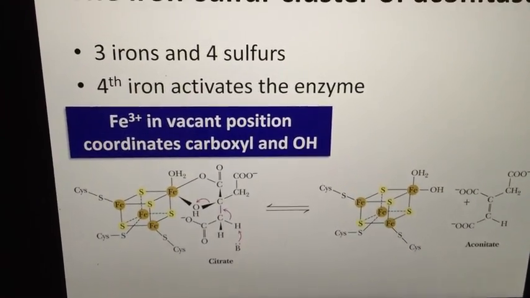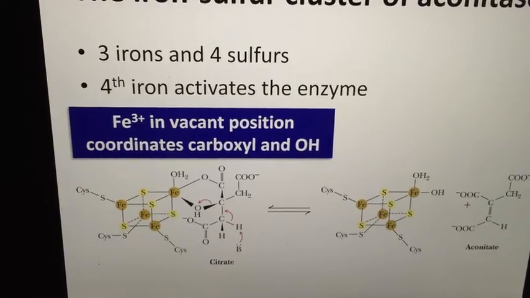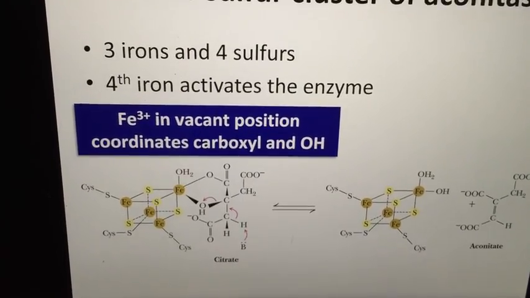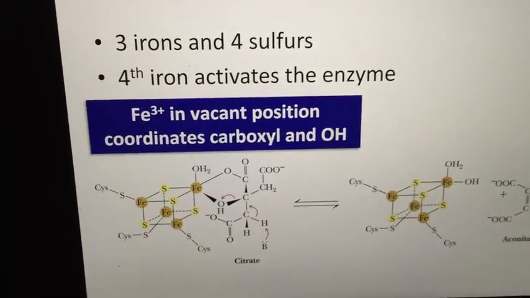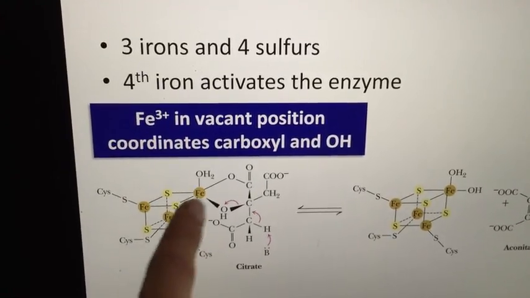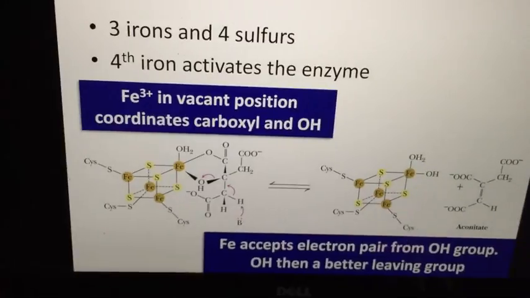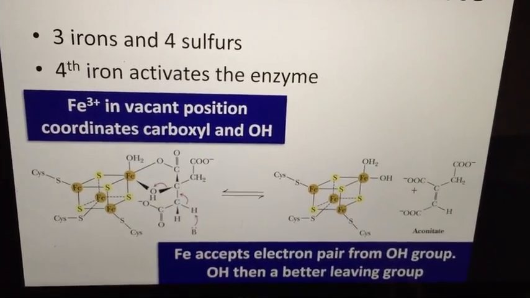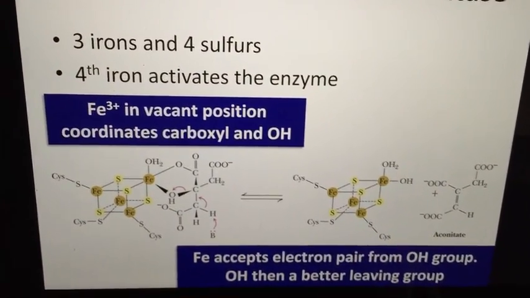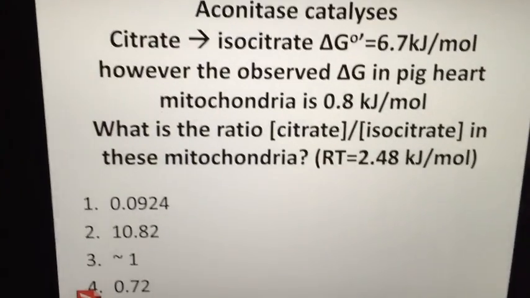And the iron in the vacant position will coordinate the carboxyl and the OH group from the citrate. So it's this iron over here. The iron accepts an electron pair from the OH group, making the OH group a better leaving group.